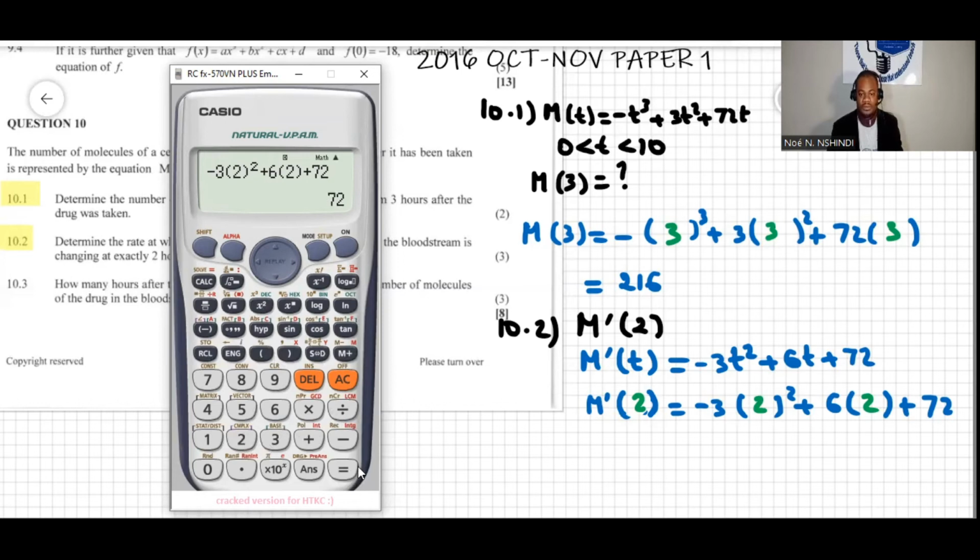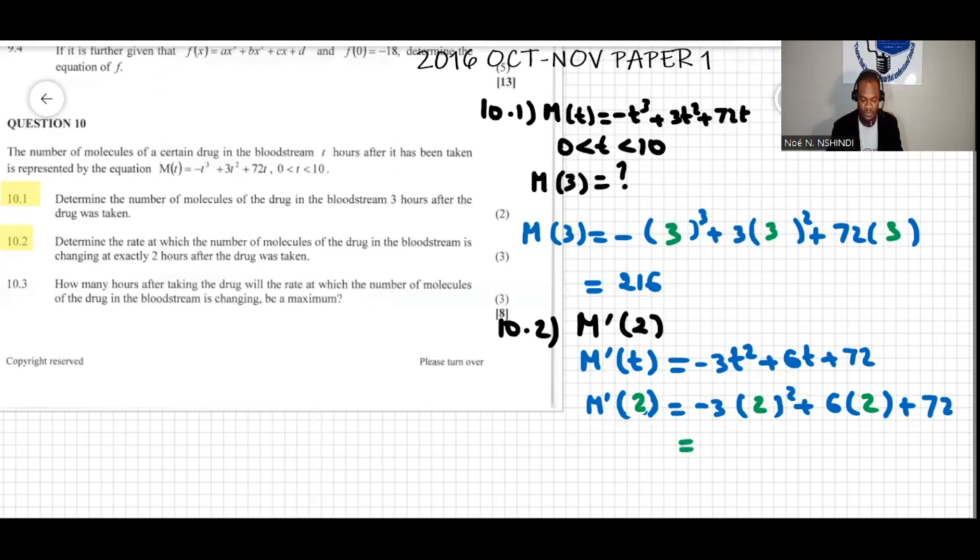When we hit equal, we get the answer, which is just equal to 72. So the rate will be 72 molecules per hour.